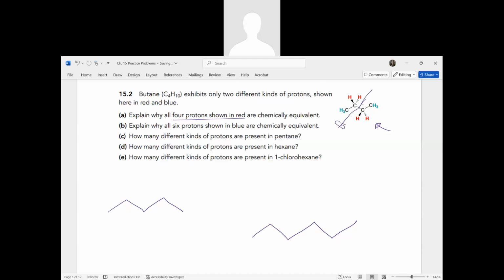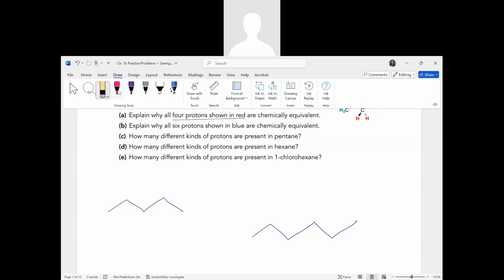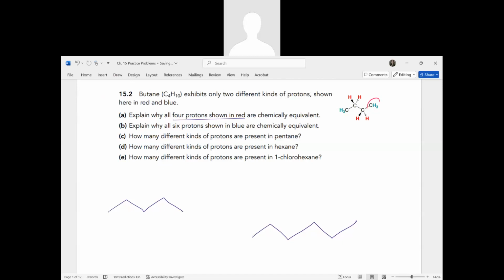Then we're asked in part B to describe why the 6 protons that are shown in blue are considered chemically equivalent. First we note that any hydrogens on a methyl group, those 3 are chemically equivalent. So within this one CH3, all 3 of these protons are equivalent.